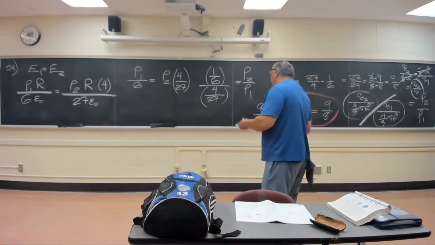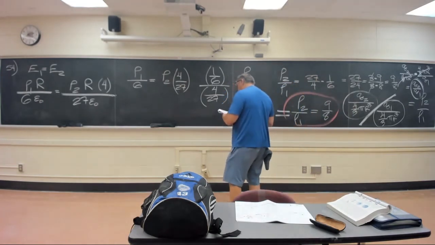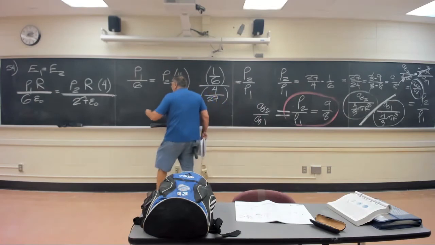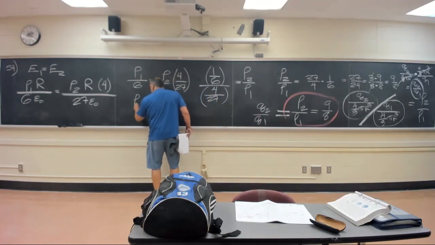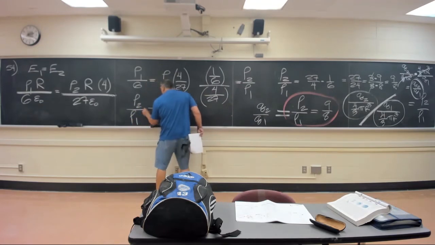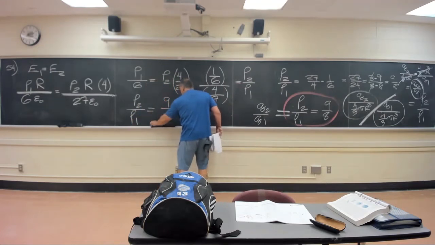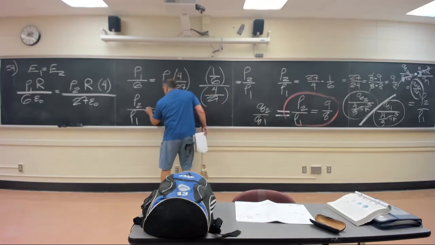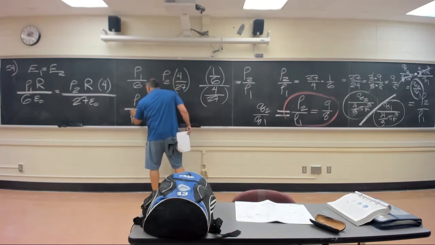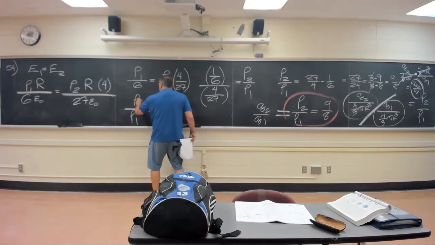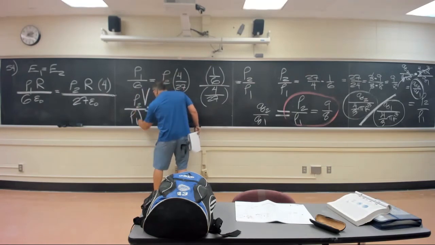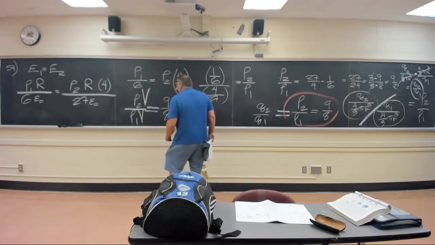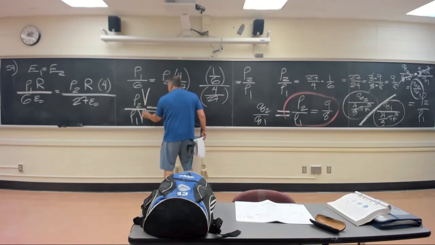There are a number of ways you could have played the game. You also could have said, look, rho 2 divided by rho 1 was the 9/8 we talked about. It remains 9/8 if you take rho 2 and multiply by volume and take rho 1 and multiply by the same volume. V and V cancel, and you got rho 2 over rho 1, which is 9/8.